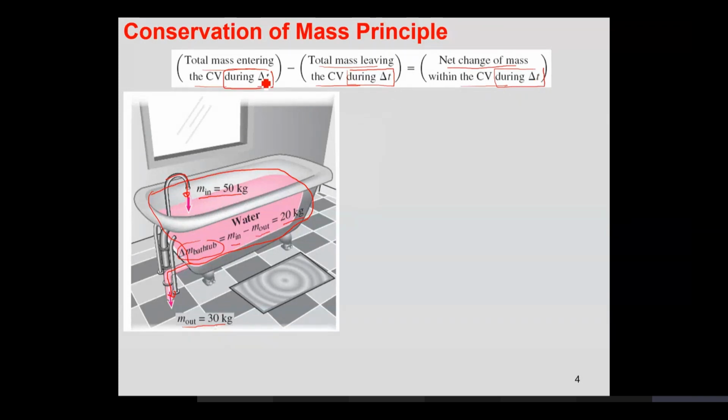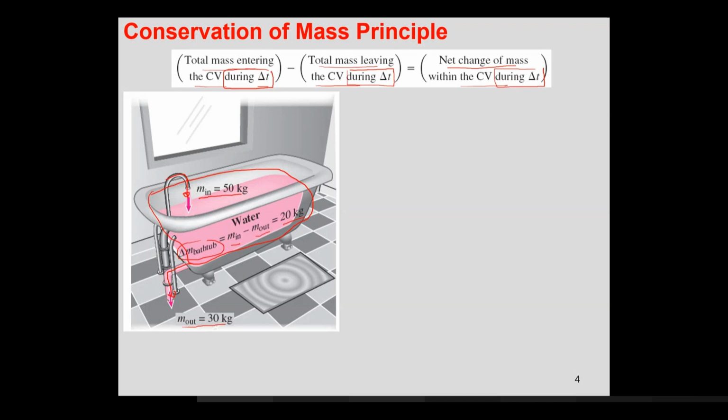So you cannot just write that total mass entering the control volume minus total mass leaving the control volume is equal to net change of the mass. You have to specify the time for which that mass has been provided to the control volume, or the time for which the mass has been leaving the control volume.